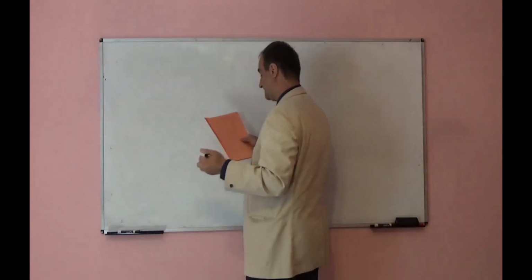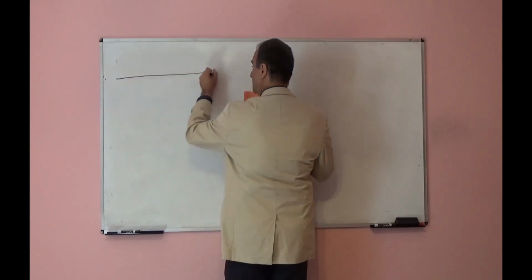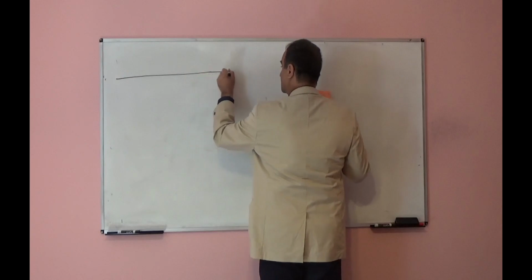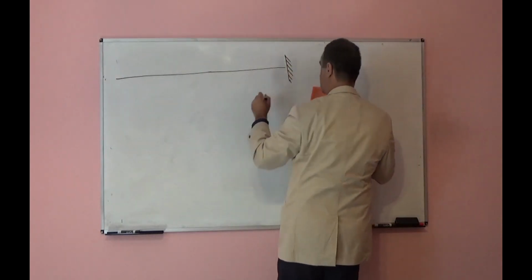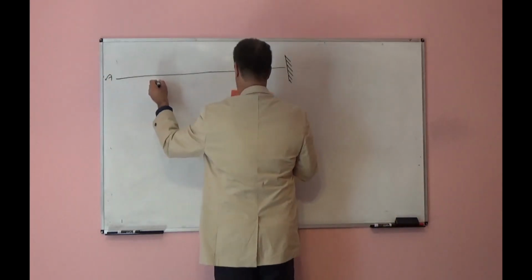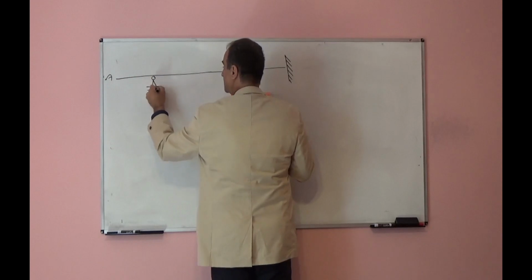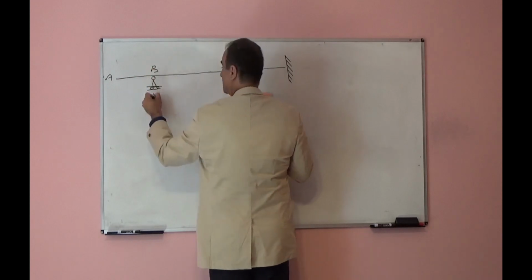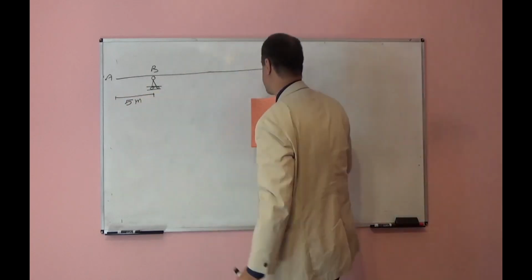Let's look at this beam. This is a continuous beam. Point A. Here we have one support. B. From here to here it is 5 meters.